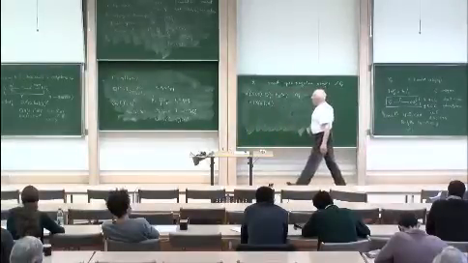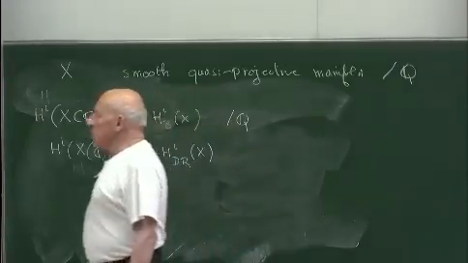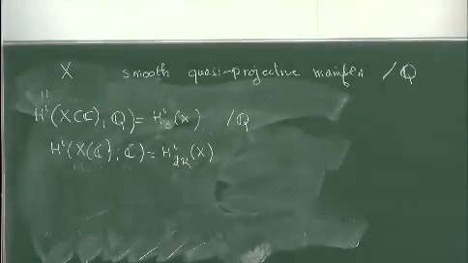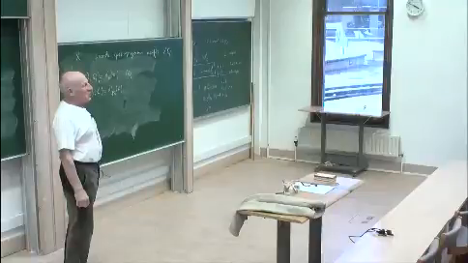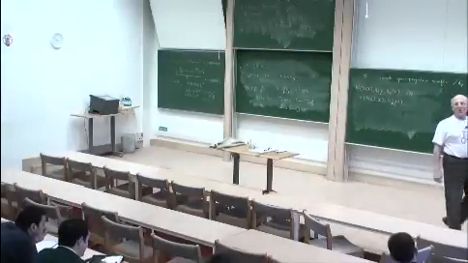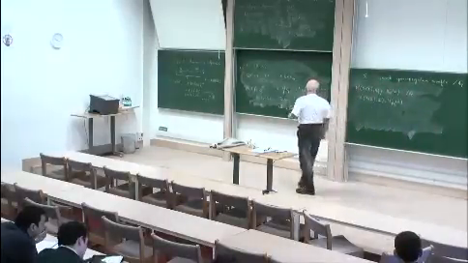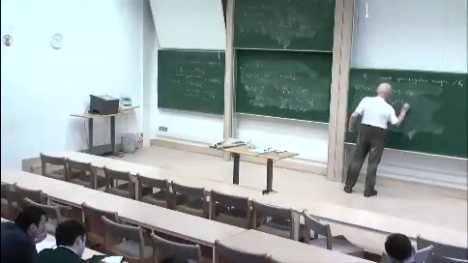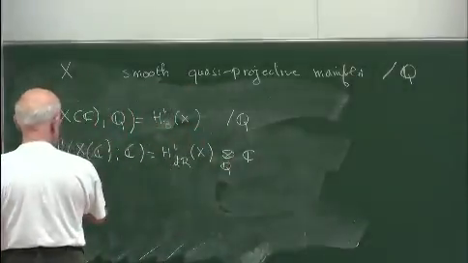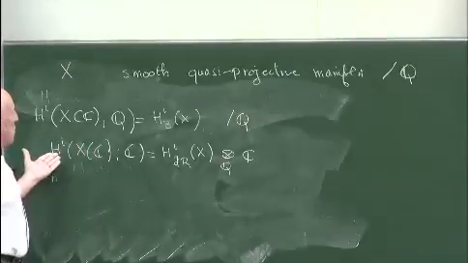And what Grothendieck wanted was to write it as what he called H_dR(X), the de Rham cohomology, tensor C over Q. Similarly, of course, in order to calculate the cohomology with complex coefficients, you have two options.